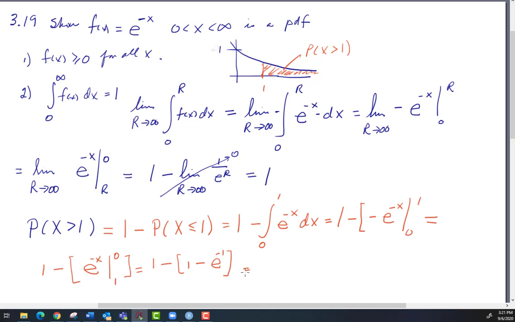It's going to be 1 minus 1 plus e to the minus 1, which is 1 upon e.